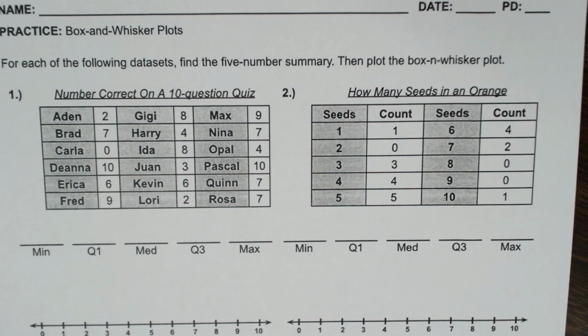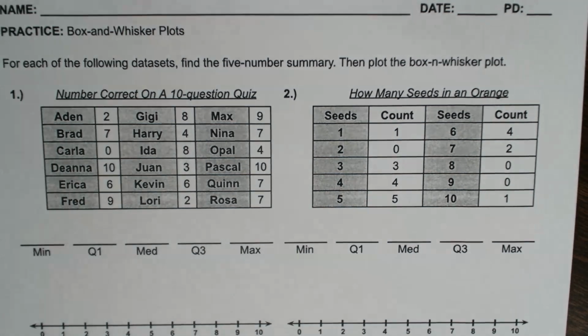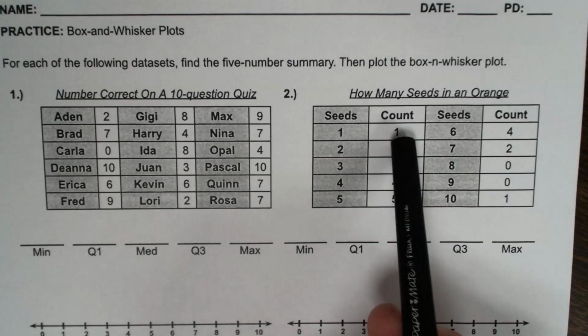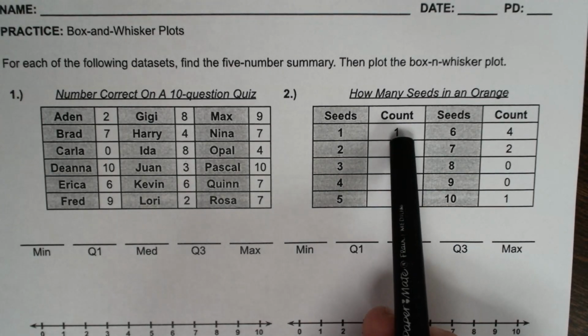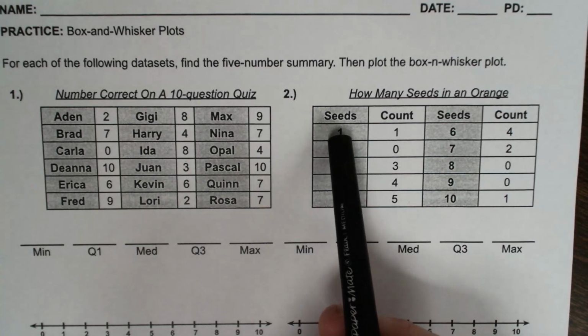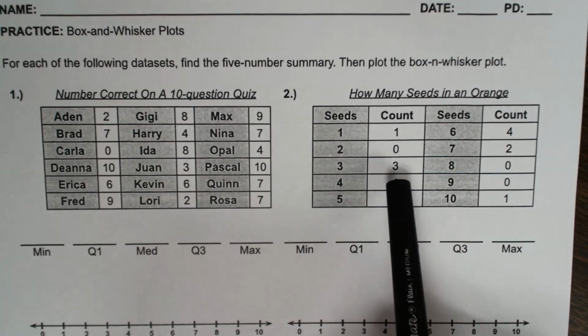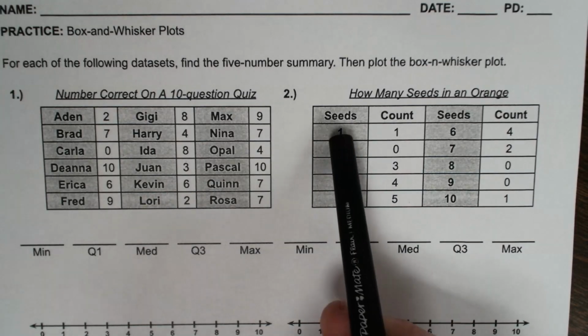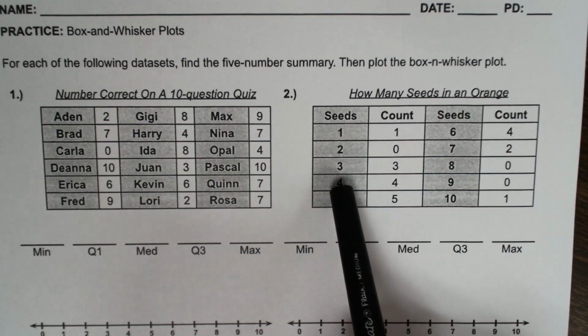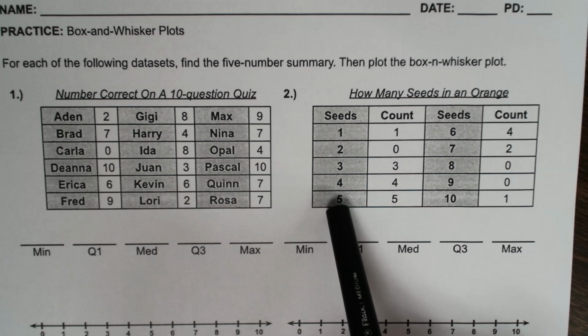Now, number 2. I need everybody looking up here. This is a frequency table. What this means is, this number in the white column tells you how many times to type in this number in the gray column. There are 1 1s, 3 3s, 4 4s, 5 5s. So you'll say 1, 3 3 3, 4 4 4 4, 5 5 5 5 5.